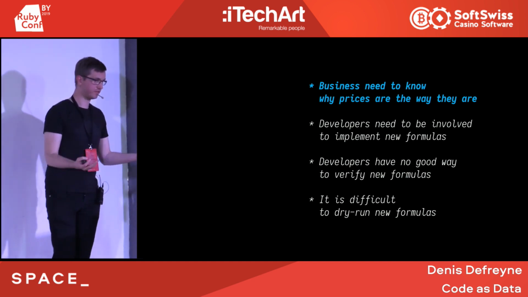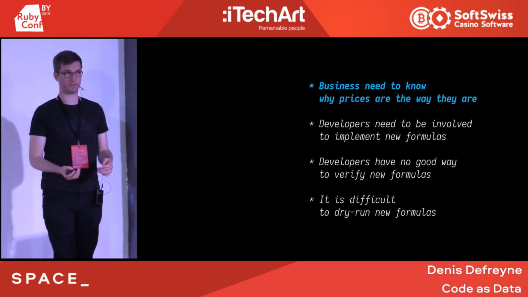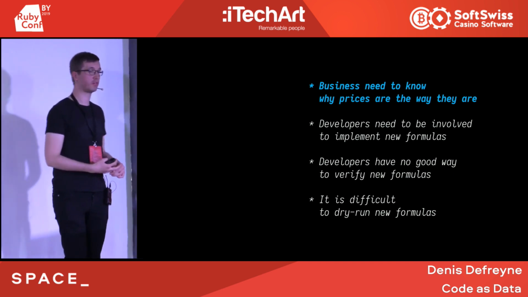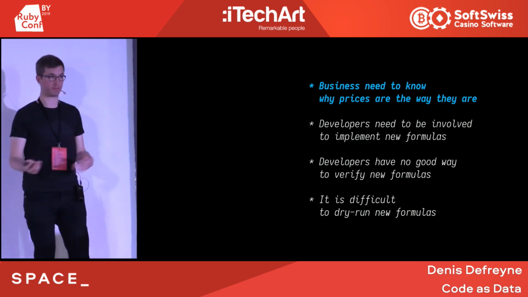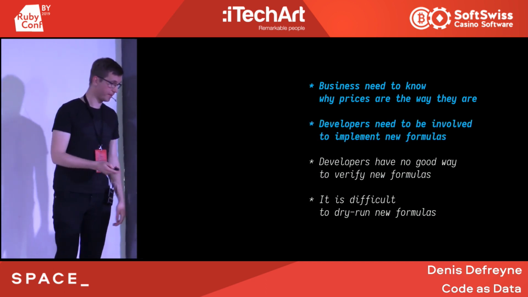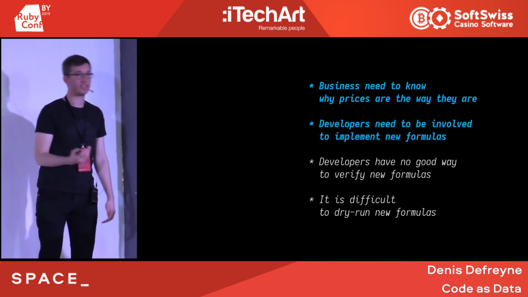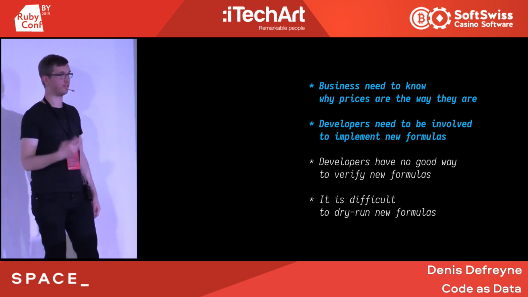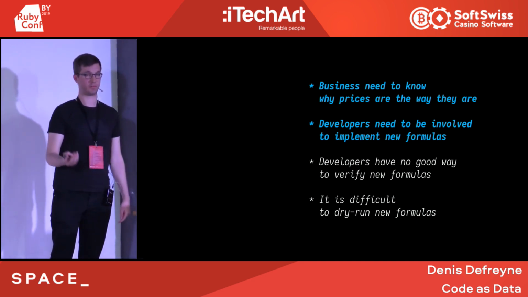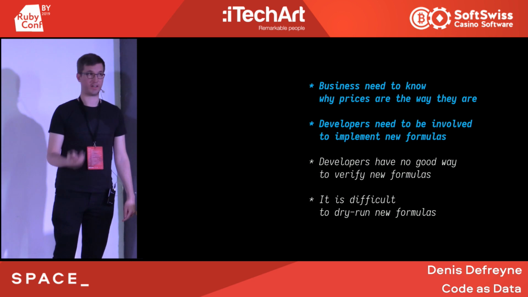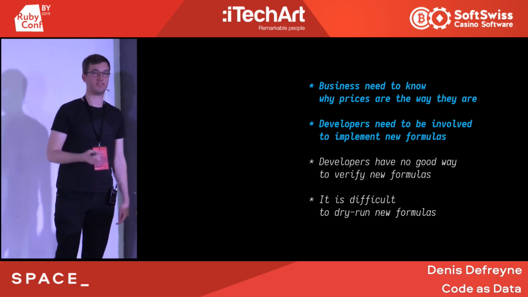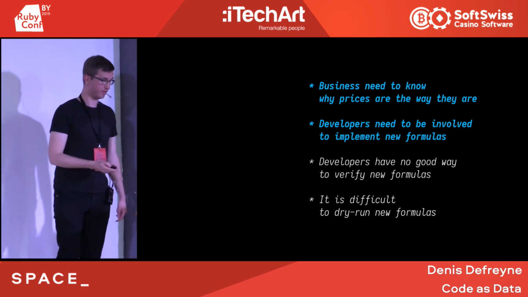Let's take a look at developers need to be involved in the implementation of new formulas. This is no longer the case because we have a UI where other people can also play around with it. Developers have no good way to verify new formulas. I think this is not very relevant because developers are no longer involved. And I hope that the people that would use this kind of interface would know what they're doing.